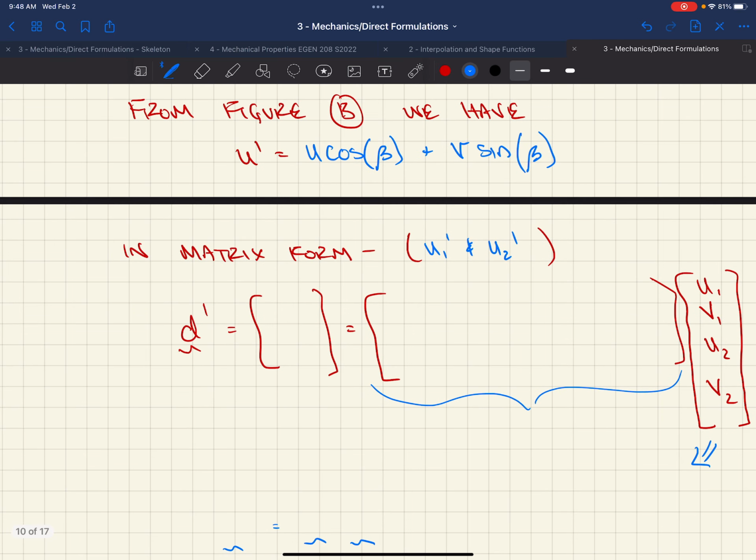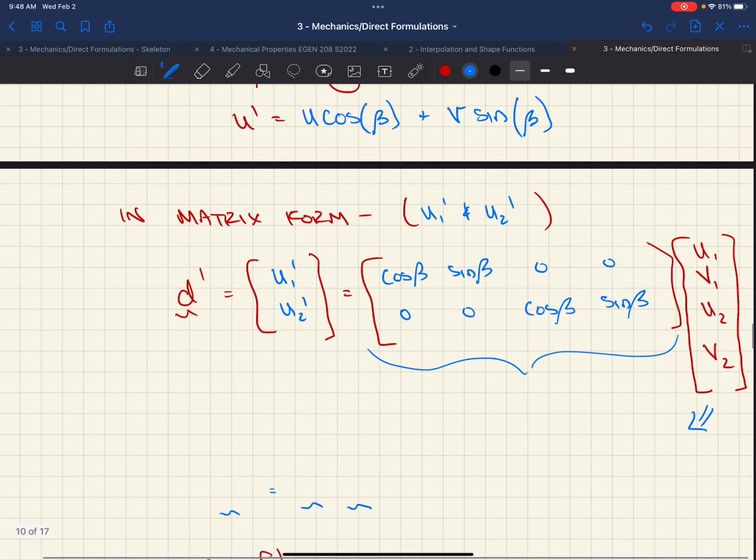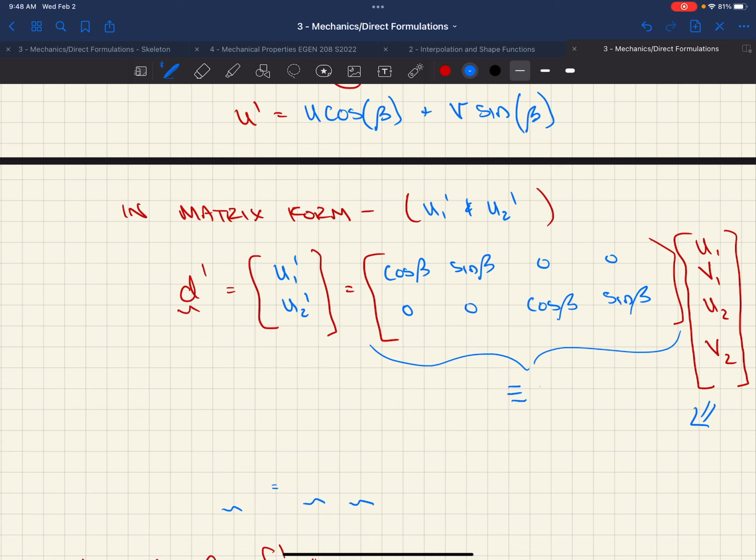We could say that d prime with respect to u1 prime and u2 prime equals cosine of beta, sine of beta, and this is what we would call our transformation matrix, times our common or global displacements, u1 and v1, u2 and v2.